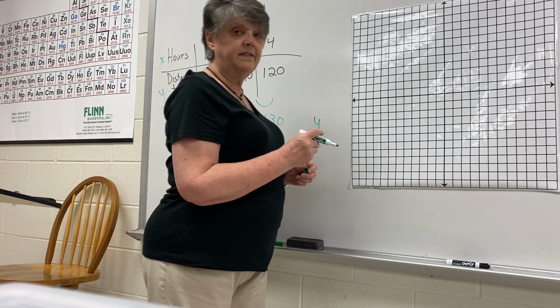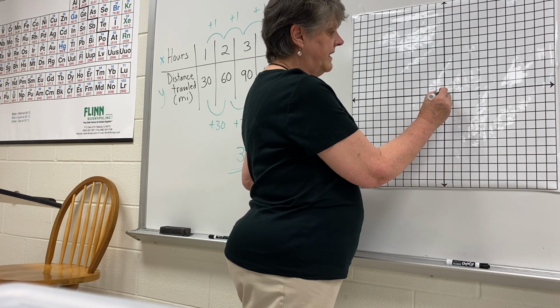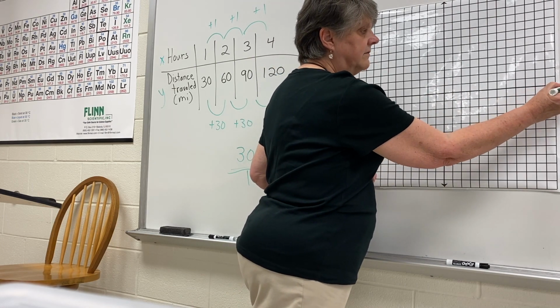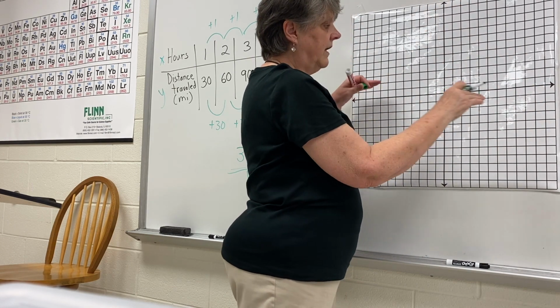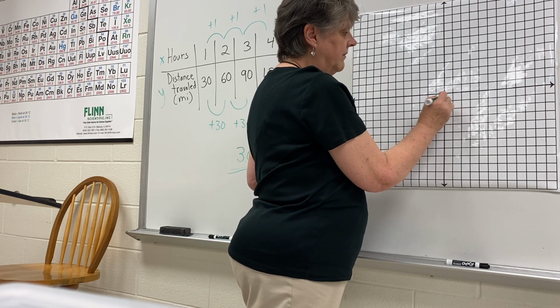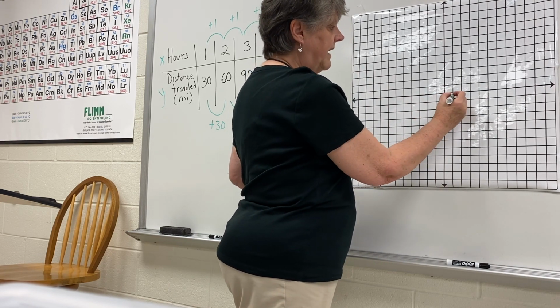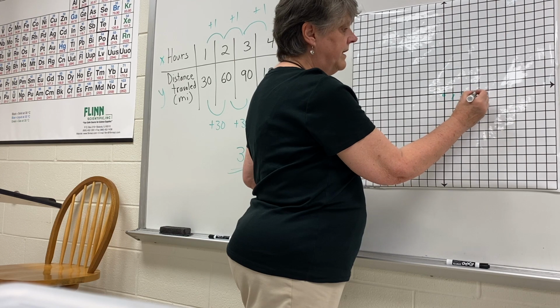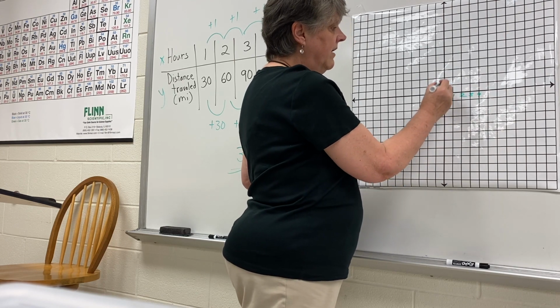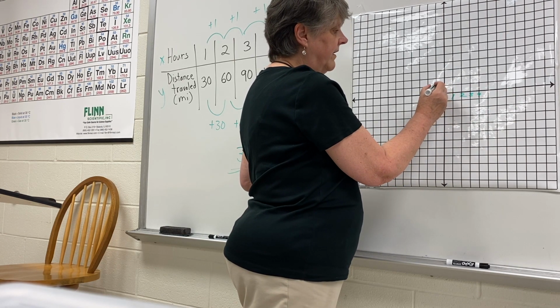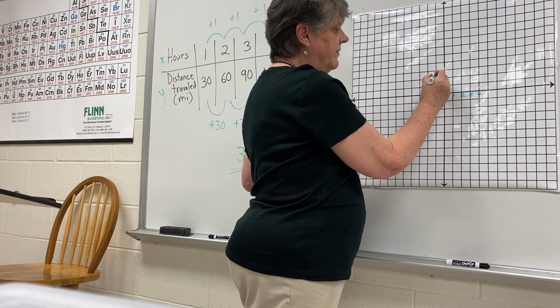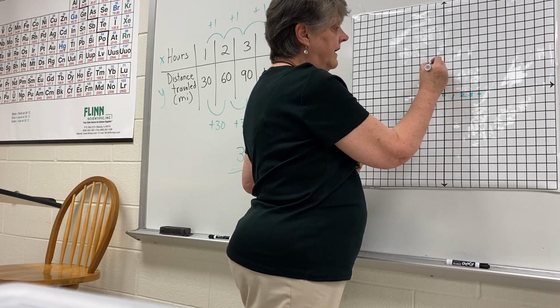If I had to plot this on this graph right here, this would be my X and this is my Y. These are number lines, right? Here's my 0, 0 at this point. I can do a 1, a 2, a 3, and a 4 right here. And here let's count by 30: 30, 60, 90, and 120.